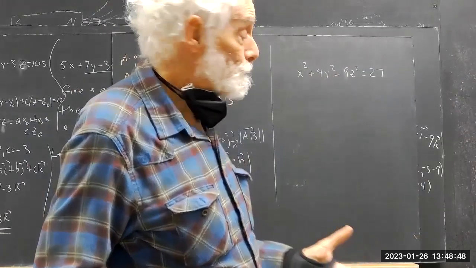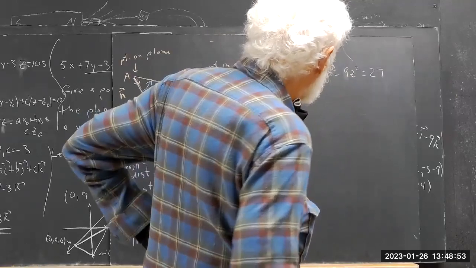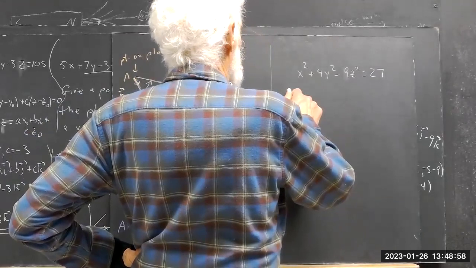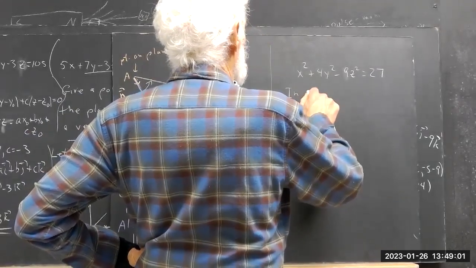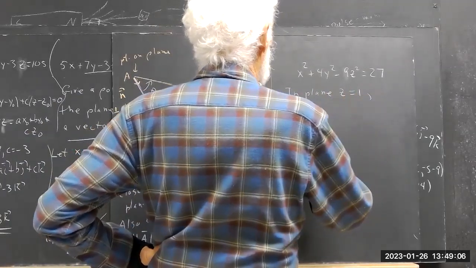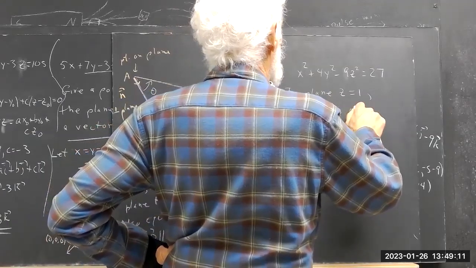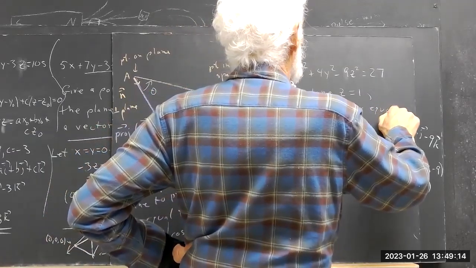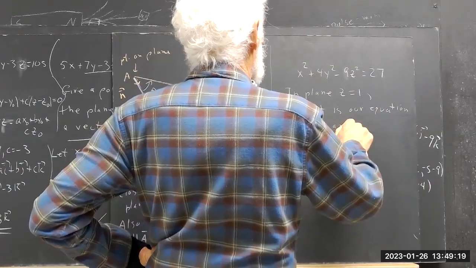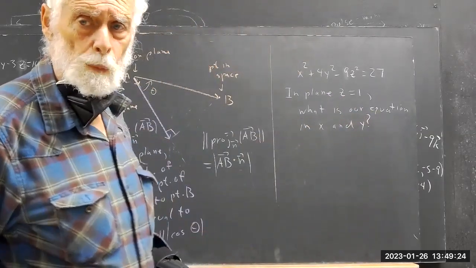You want to be able to get a handle on these curves. I'm just going to give you an example. In the plane z equals 1, what's our equation in x and y?